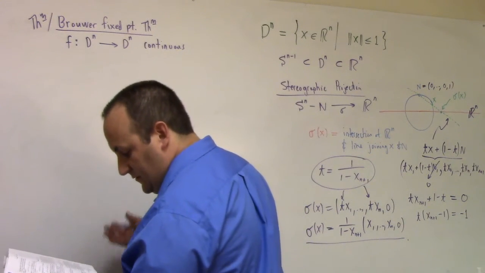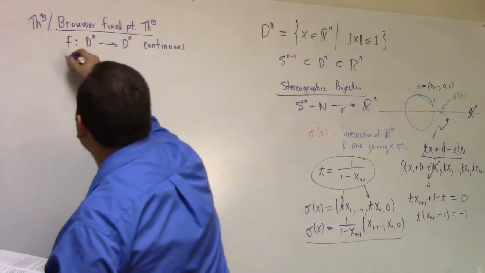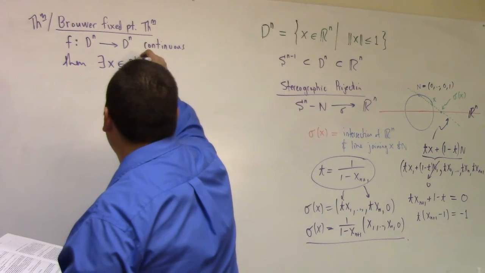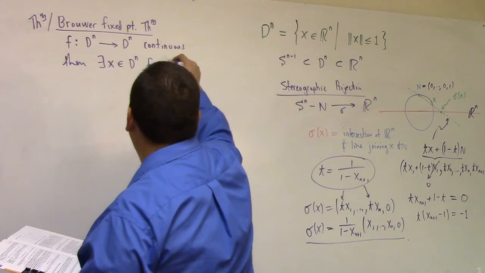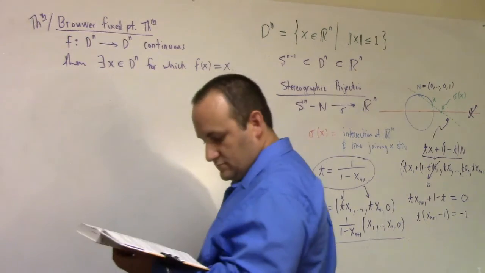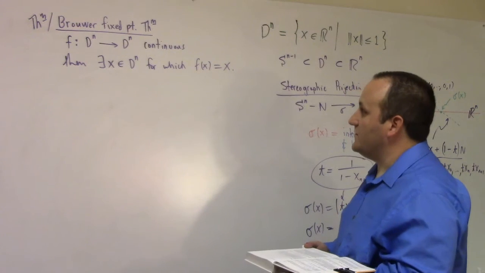All right, so a continuous function from the n-disk to the n-disk. Then there exists x in the n-disk for which f of x equals x. In other words, there's a fixed point.